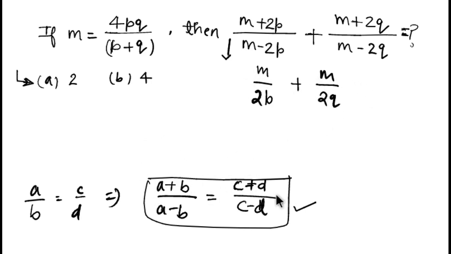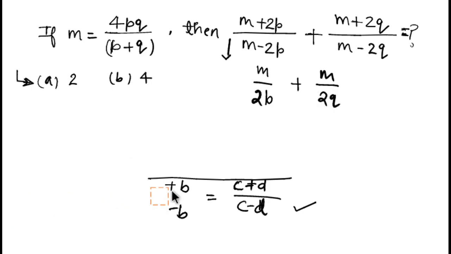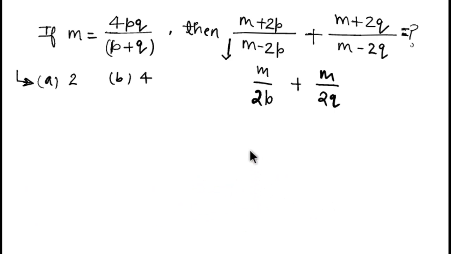Now it is in this form. Now I have to simplify it and see what I get. You can see how I simplify it. I write it here first: m by 2p plus m by 2q.